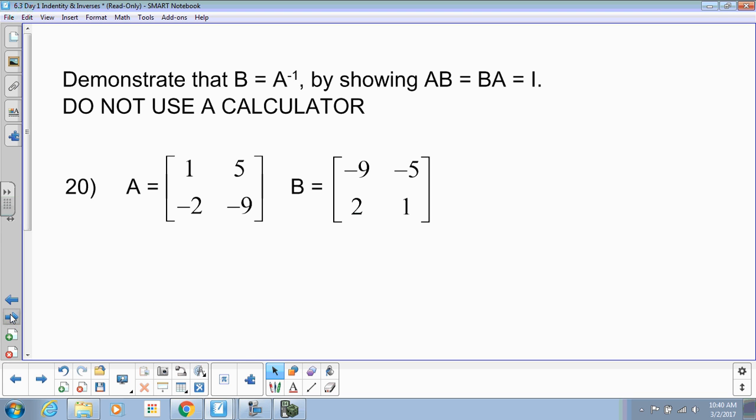All right, so this time we're going to do this by hand. We're verifying that B is the inverse of A. To do that, if you multiply them together, you should get I. And you would need to check AB and BA. You need to go both ways.